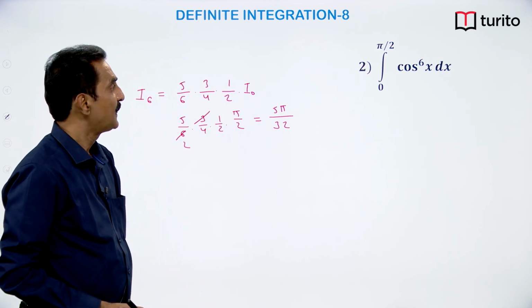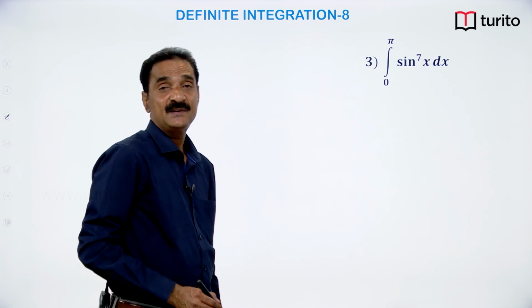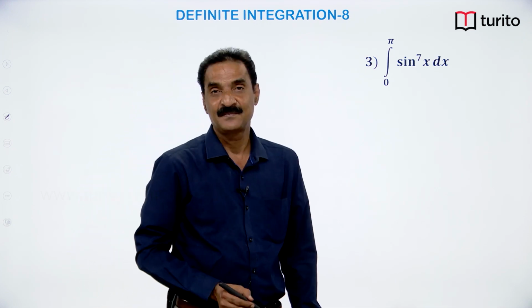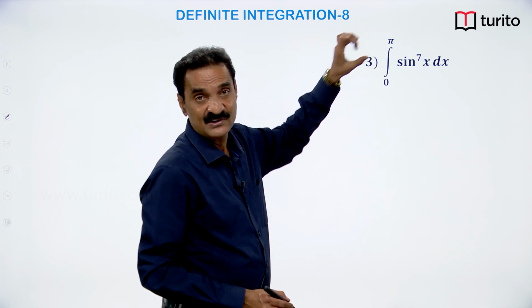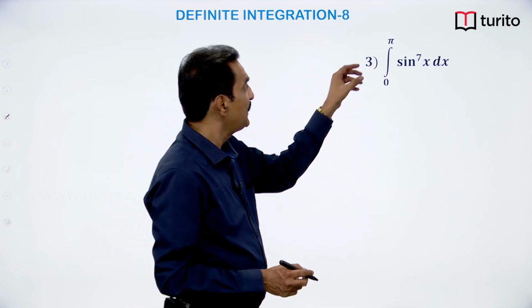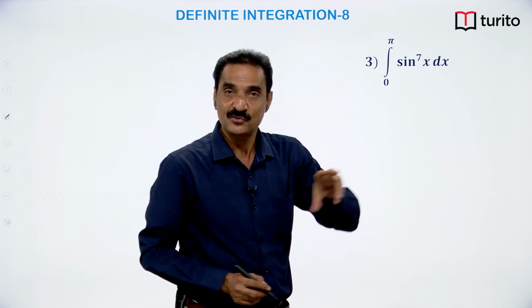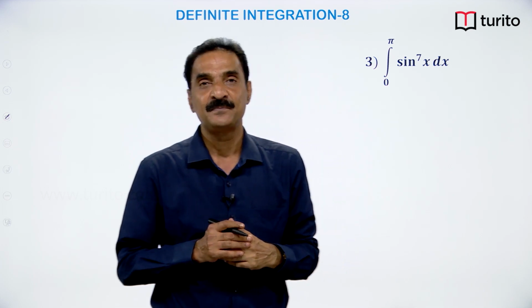Next question, integral 0 to pi sine power 7x. Here the problem is the limits are not standard limits 0 to pi by 2. In that case, we have to reduce the limits to 0 to pi by 2 by applying properties of definite integral.